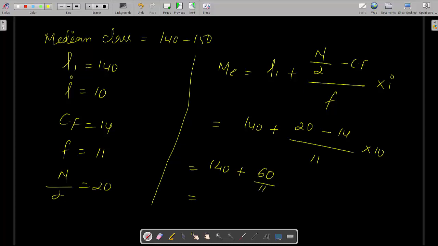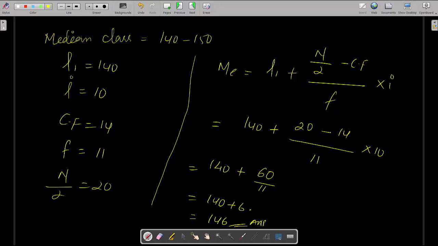If you divide it, you will get 140 plus 6.0 something, so you can just take it as 6. So it will be 146. This is our answer for the median value. So median is 146.